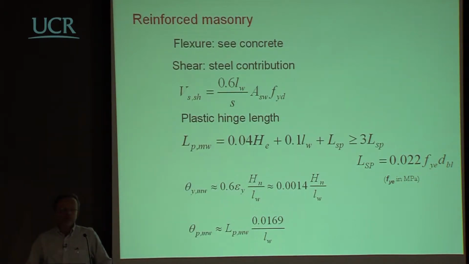But if we want, in the case of reinforced masonry, to see what is the drift capacity, then we should try to calculate what the plastic hinge length would be. And here there is an equation which is derived from the case of concrete walls with some correction. You may remember this is essentially the same. This is the length due to the heel penetration. This is the same part.